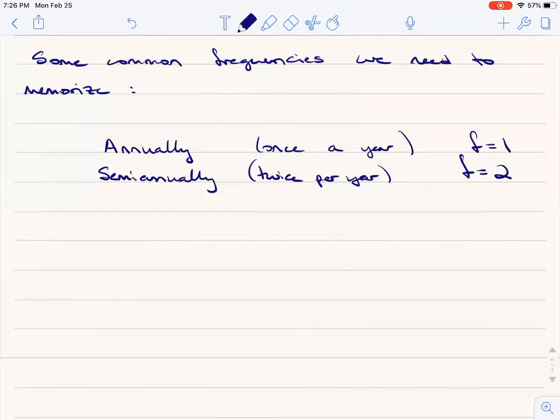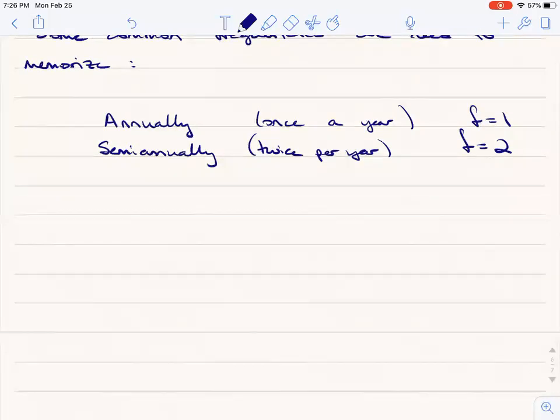Also not so bad. Quarterly happens a lot in business, especially, right? Quarterly reports, this quarter, that quarter. So quarterly is 4 times per year. So your F is 4.